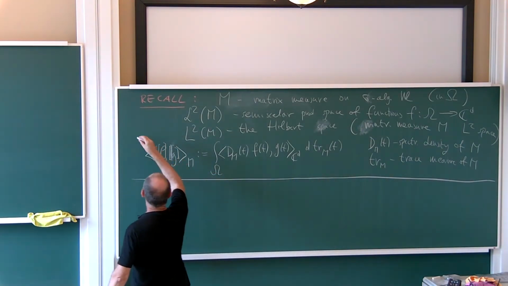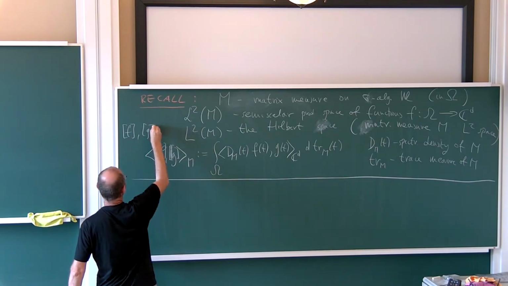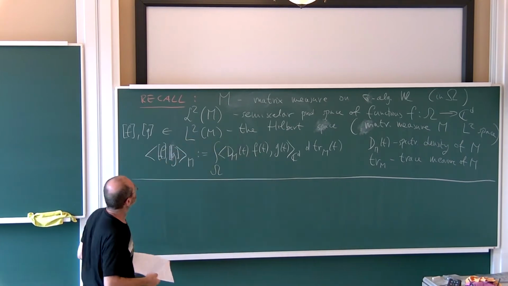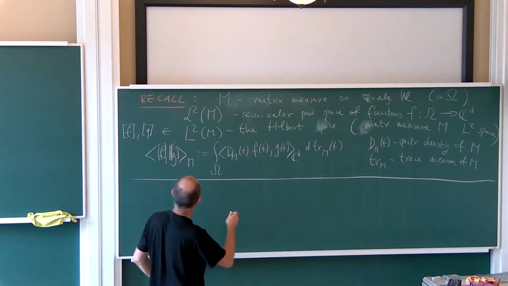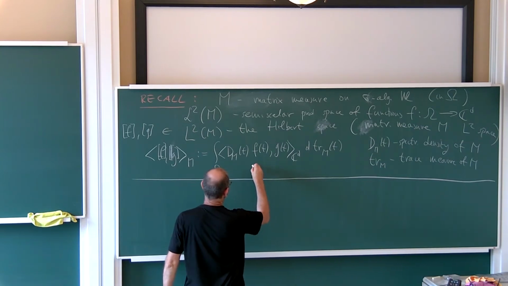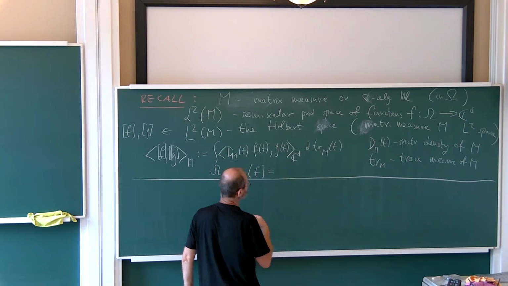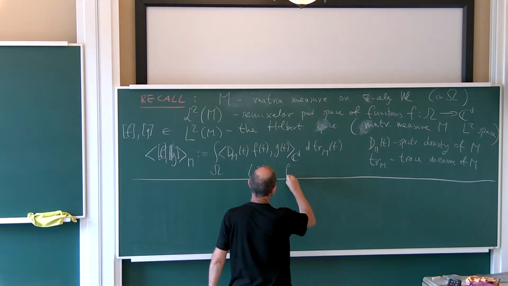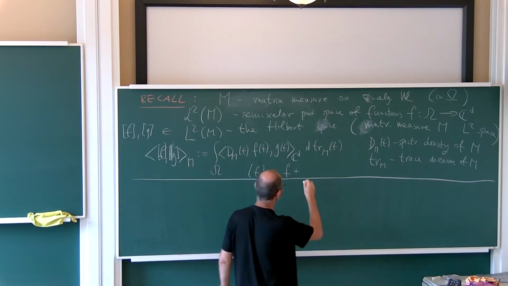So, for instance f, g are classes from this space, and I can recall also that the class f is a layer which is obtained by f plus the zero layer, which was defined.